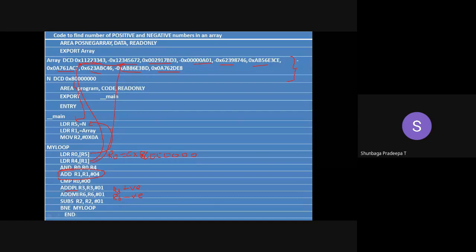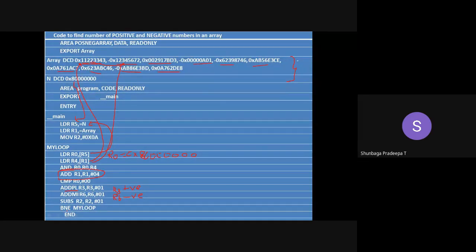So next, after this, we have compared the AND value and updated the number of positive and negative count. Then we should subtract the count. So we have 10 elements. We have completed one element. So we are subtracting R2 by 1. And we are checking whether the value is not equal, which means whether your zero flag is set or not.